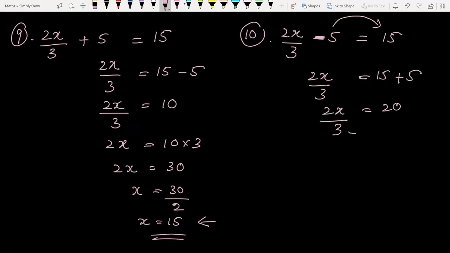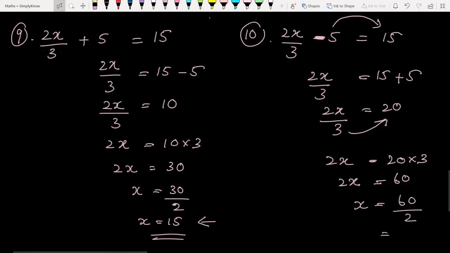Then let's transfer this 3, division 3, to the other side. So 2x equals 20 times 3, which is 60 now. 2x equals 60. Then what about x? x equals 60 divided by 2, which is 30. Our x is 30 here.